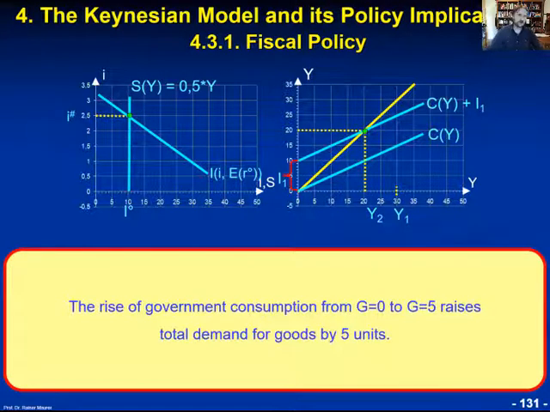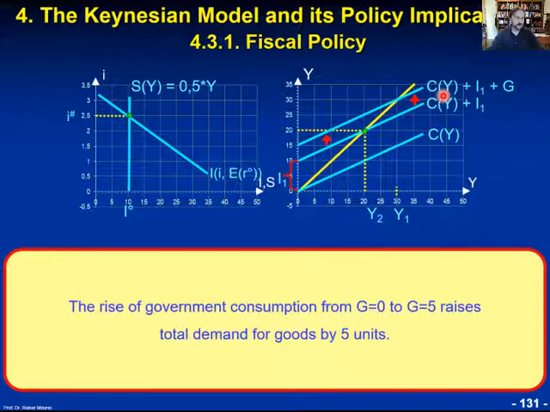First, let's have a look at the market for goods. The rise of government consumption from 0 to 5 units raises total demand for goods by 5 units, of course. So we have to shift the total demand curve upwards by 5 units, the length of one little quad. This is now our total demand curve.